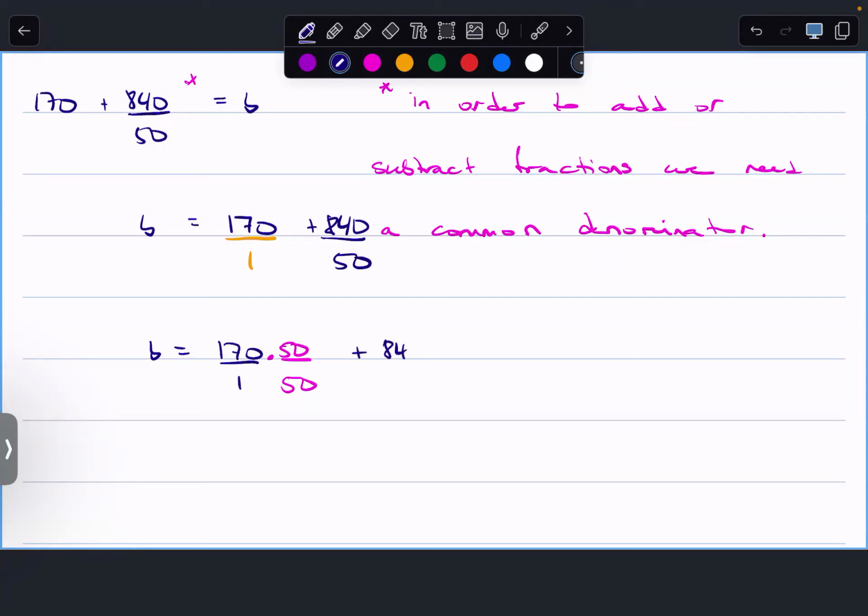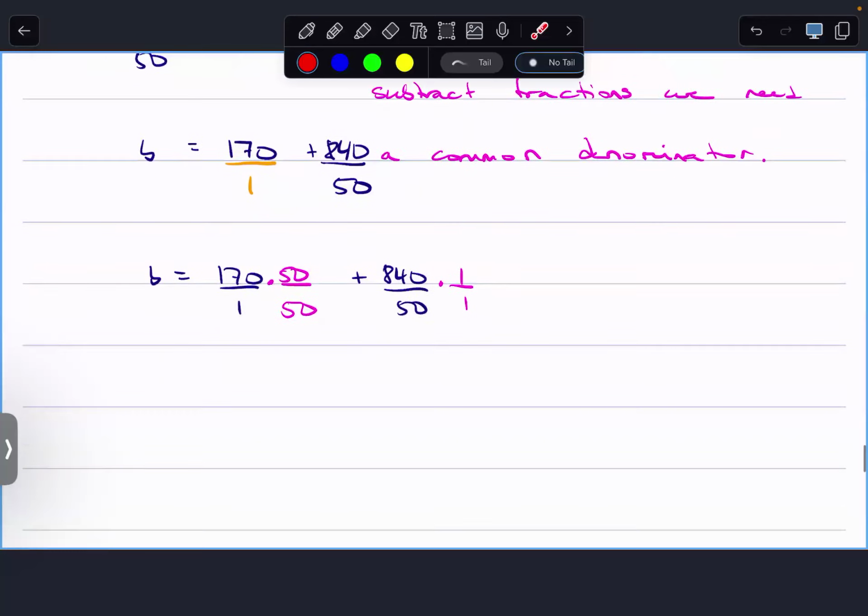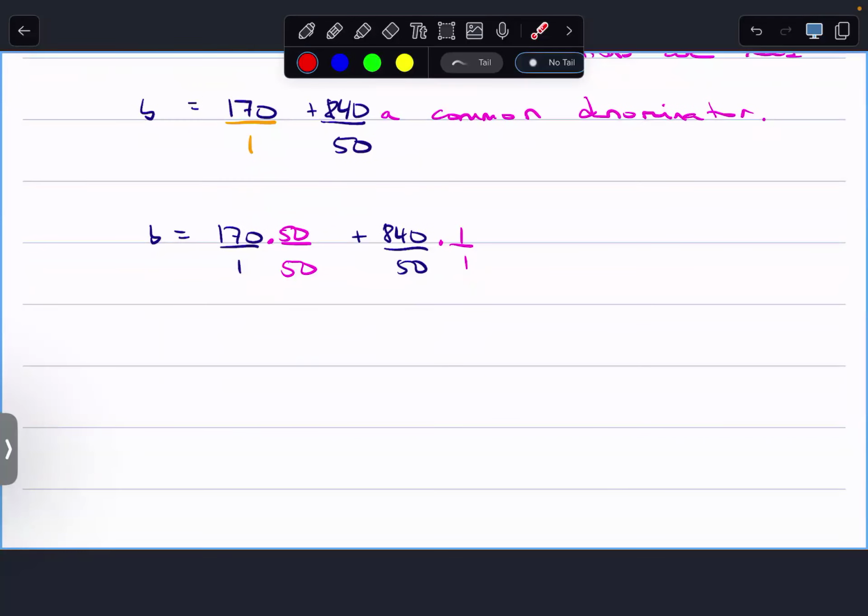Plus 840 divided by 50 times 1 over 1. Right? Taking this one and used it over itself over here. It didn't do anything, but neither did this 50, right? Kind of made a mess. Gonna get some big numbers, which is why it's good to reduce them, but we don't have to because we have calculators. Okay? But multiplying by 1 and multiplying by 1 doesn't change any of these values.